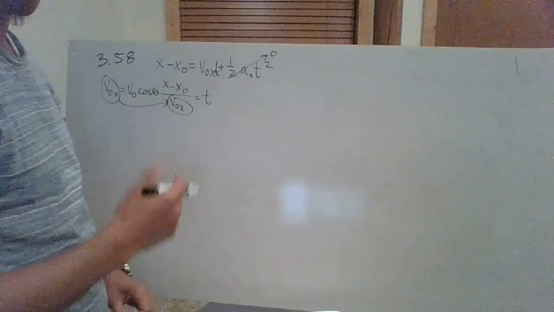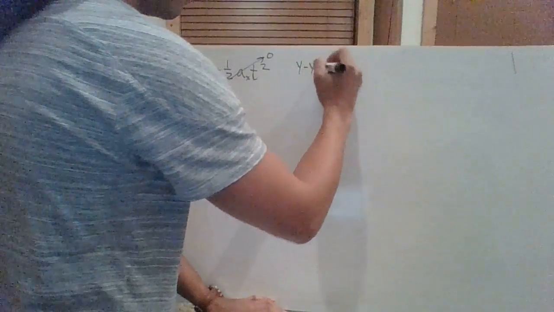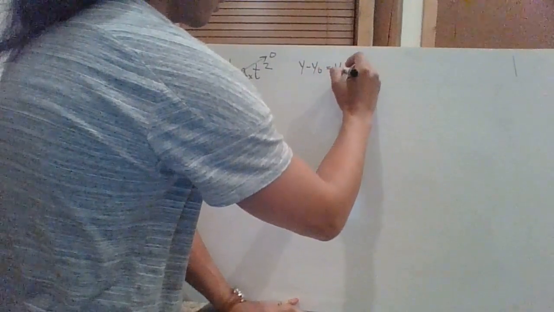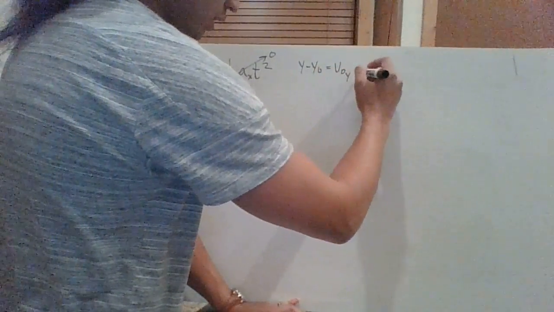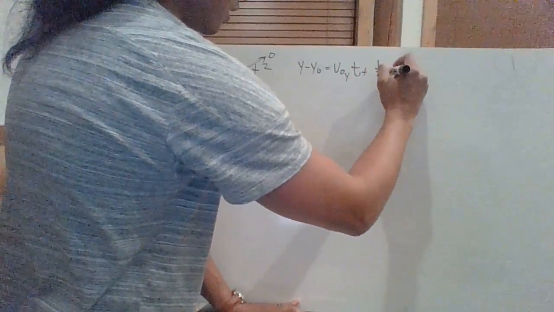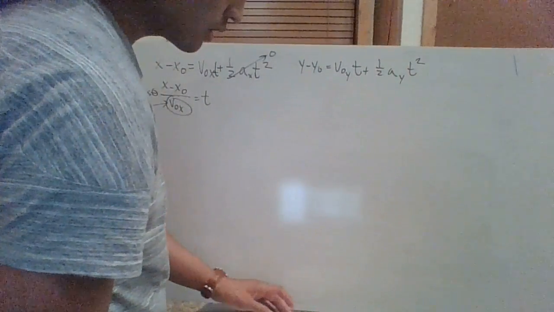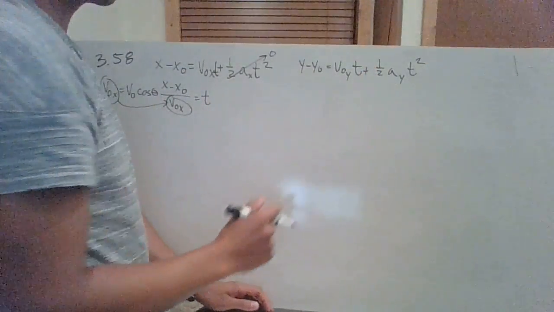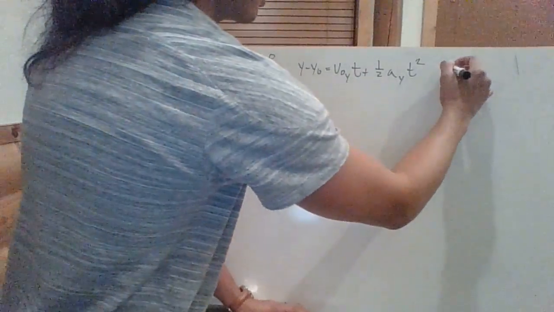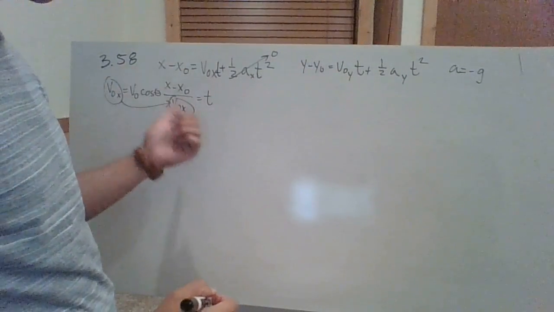Now we just do the same thing for y. So we have y minus y0 is equal to velocity in the y direction times time plus 1/2 acceleration in y times t squared. Now in this case we're going to use a negative value for acceleration, so a is going to equal negative g, and then we can plug in things that we already know.